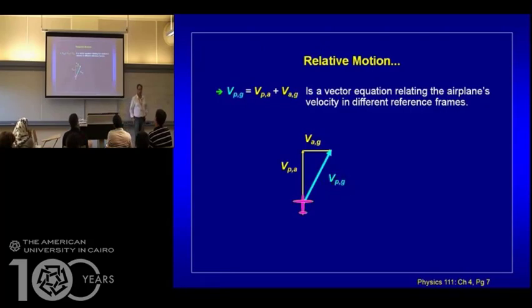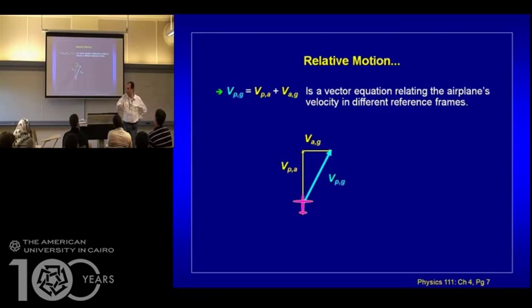Think about it. If I travel in that direction and the air pushes me in that direction, then in real life, if someone is looking at me from the ground, he will see me moving in that direction, and this is going to be my velocity relative to him.